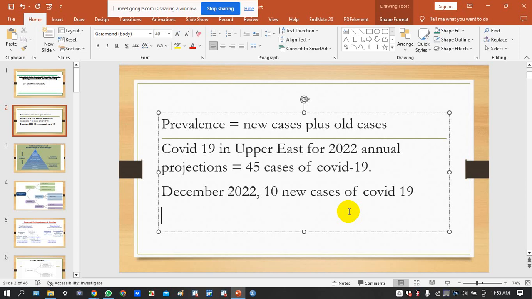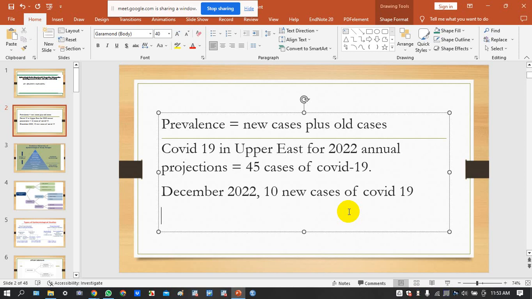Mr. Abdullah. The incidence. Okay, class, who can answer that? What is the incidence? 10 cases.